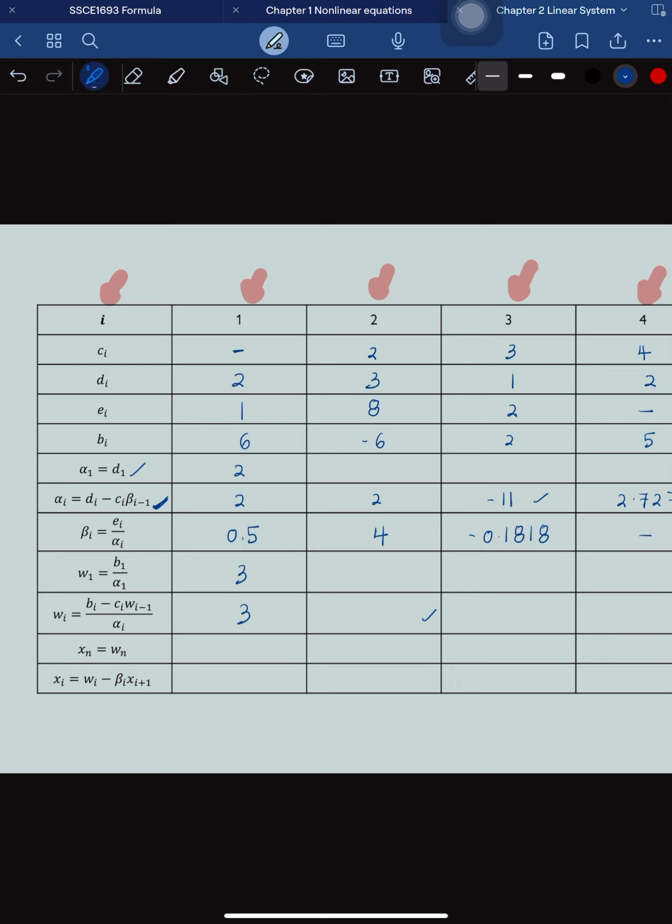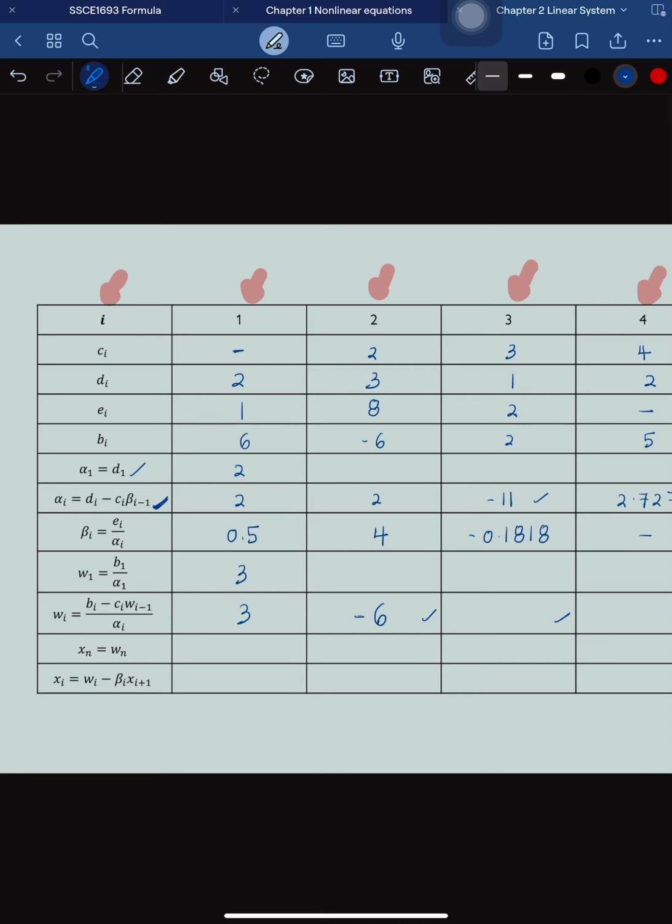B2 is negative 6, minus C2 multiplied by W1, 3, and then divided by alpha 2, giving negative 6.